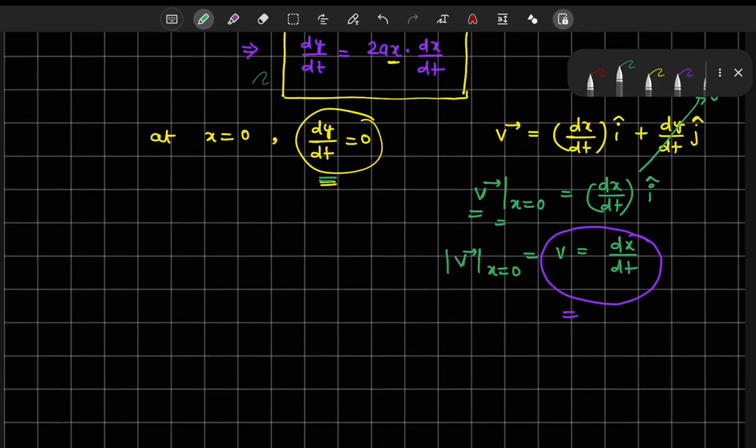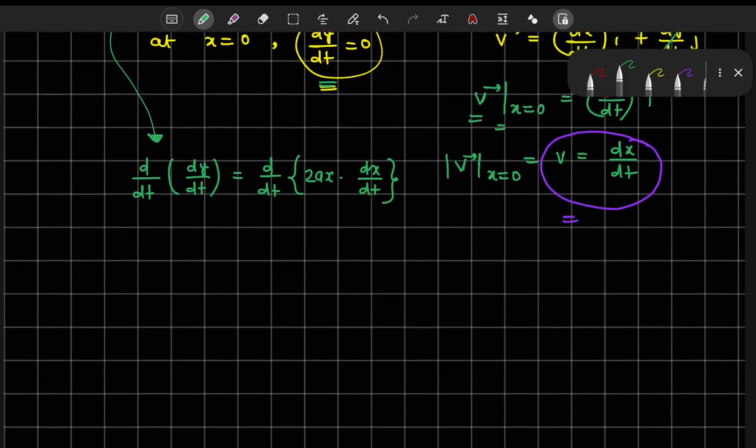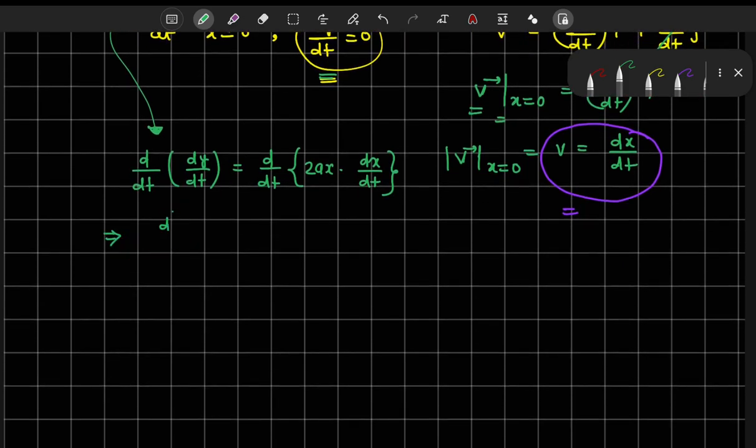Now let us differentiate this particular expression again in order to find the acceleration. So we can write d by dt of dy by dt is equal to d by dt of 2ax times dx upon dt. Okay, let us differentiate. So here we will get d square y upon dt square equal to, here we will apply the chain rule, 2ax as it is, d by dt of dx upon dt plus dx upon dt as it is, and here we will get d by dt of 2ax.